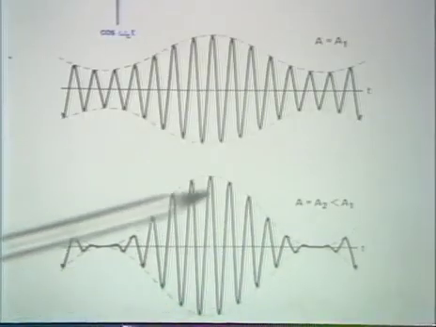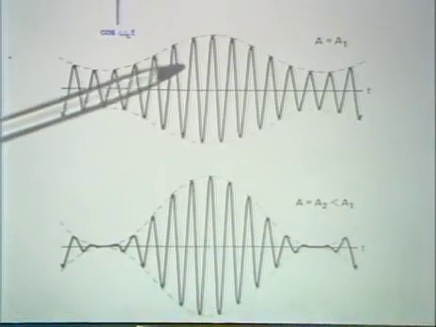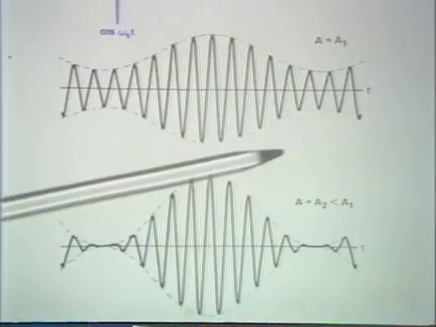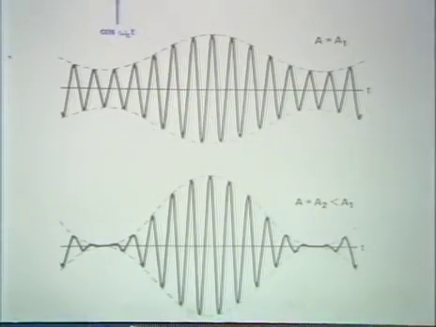On the other hand, there is a price that you pay for this kind of envelope, and the price that you pay is perhaps best seen in the frequency domain.